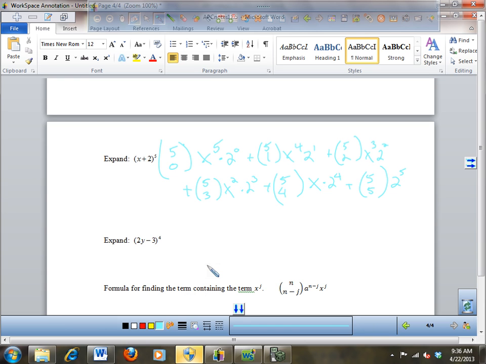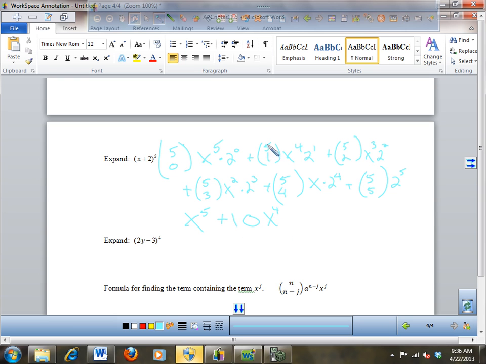And so then you want to simplify this a little bit. This is 1. So what I get, I'm trying to go fast, x to the 5th plus, this is 5, this is 2. So we get 5 times 2 x to the 4th, or 10x to the 4th.